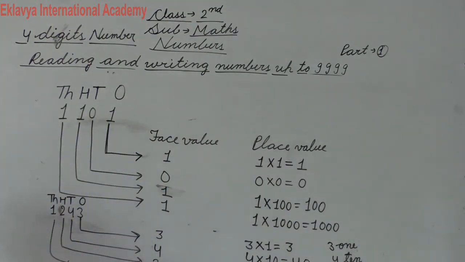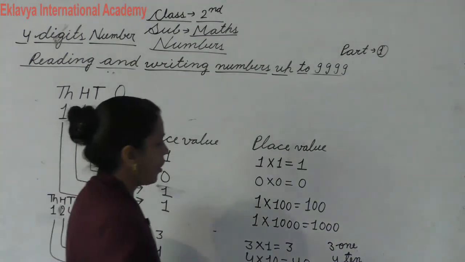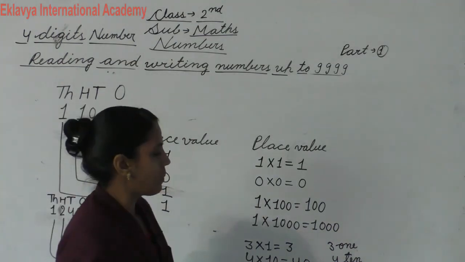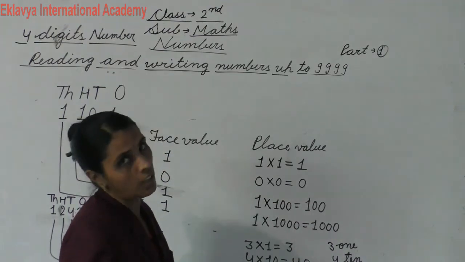Clear? 3 on ones place, 4 on tens place, 5 on hundred place and 1 on thousand place.